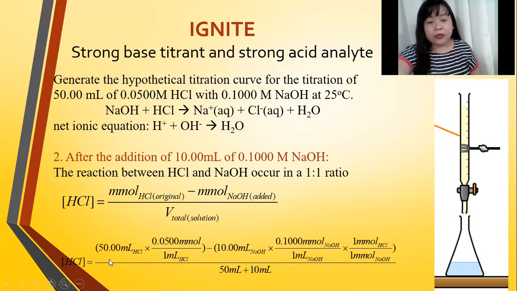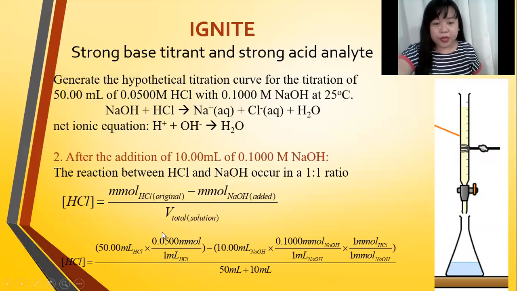So substituting, we can get the millimoles of original hydrochloric acid present in the analyte by multiplying the volume of HCl with the concentration of HCl expressed in millimoles per mL. So we cancel the mL here.